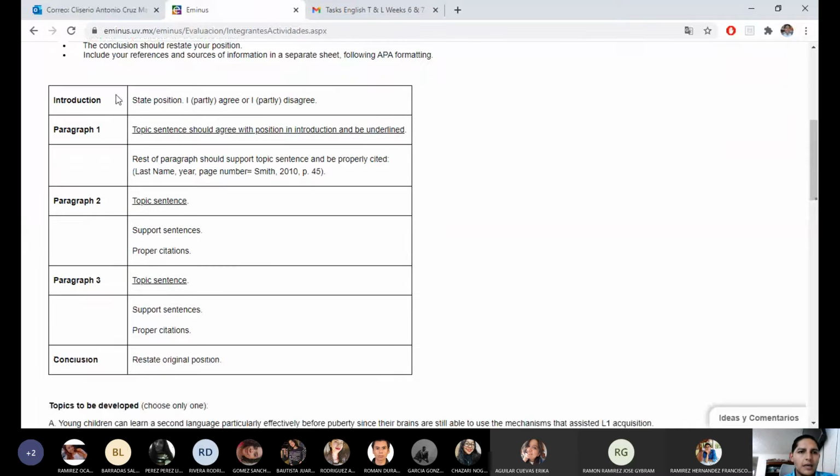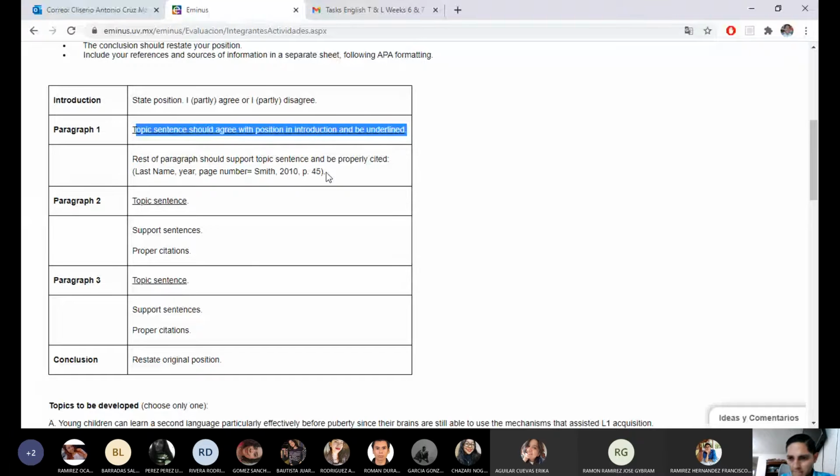This is the way you should structure your paper. State your position: I partly agree or I partly disagree. Paragraph 1 with the topic sentence, which should agree with your position in the introduction, and you need to underline the topic sentence.